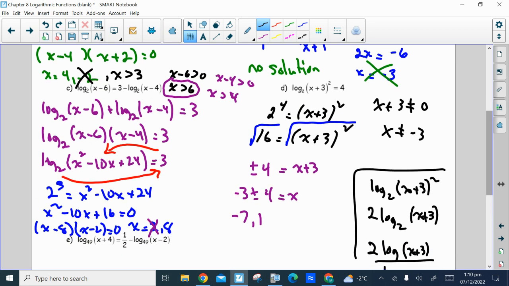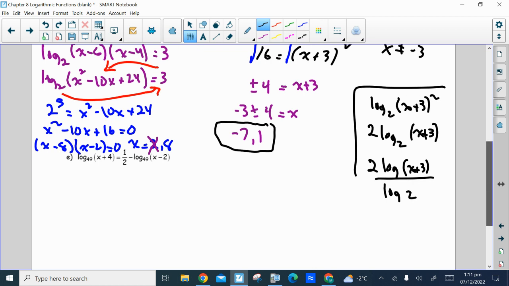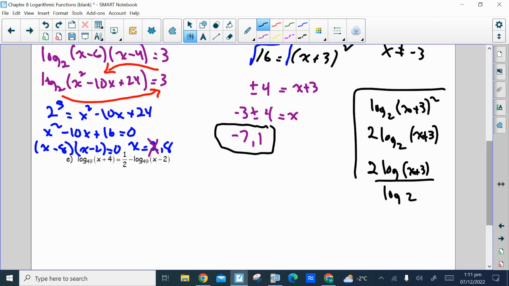However, if you let x equal negative 7 in the equation, negative 7 plus 3 is negative 4, squared is 16, and 2 to the 4th does equal 16. So both answers do work. So I guess what we're learning from this is that sometimes graphing won't always give you whether or not roots are extraneous.